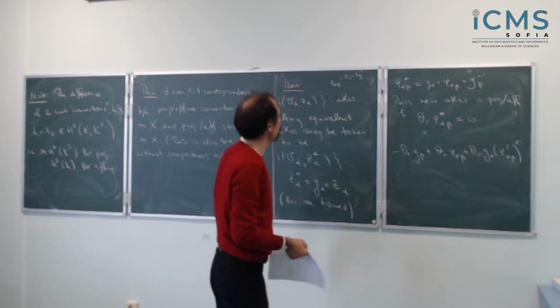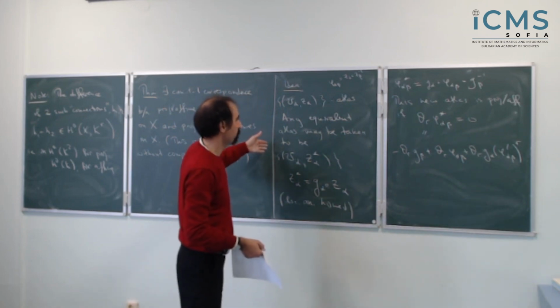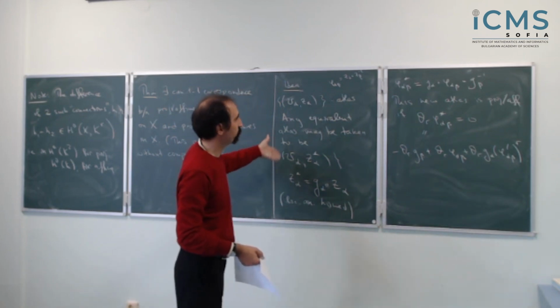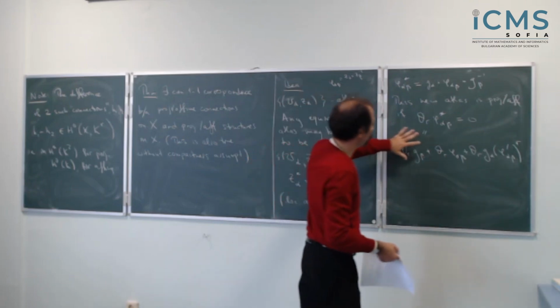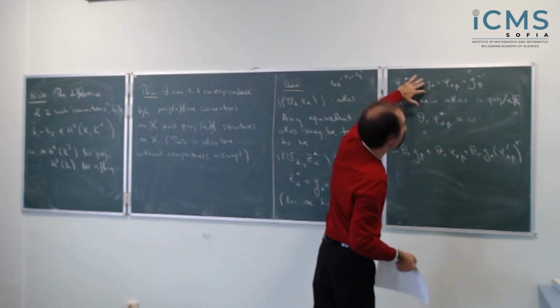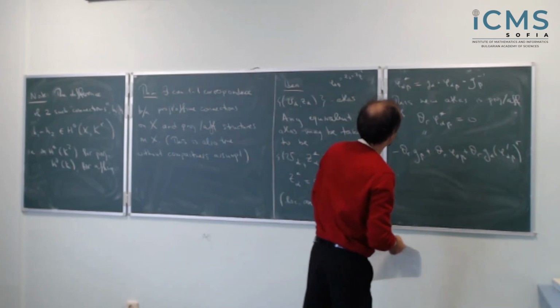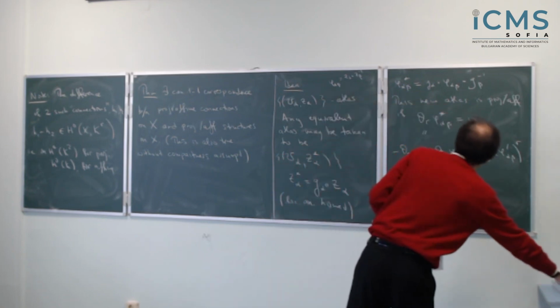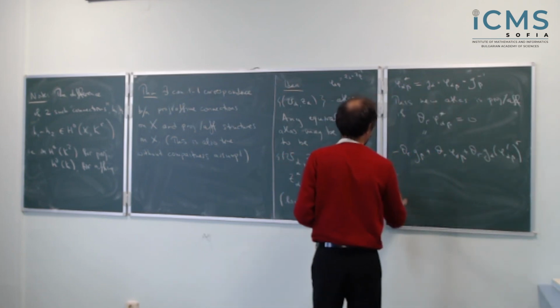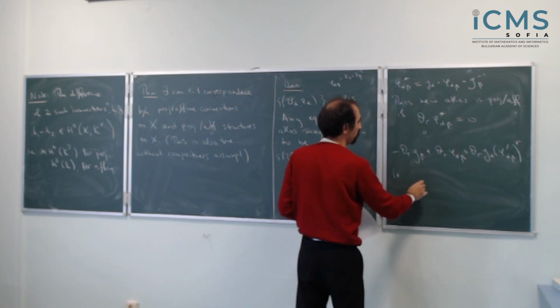So if I'm looking for an equivalent atlas where the functions are affine or projective, well, that's some condition on the G alphas. So let me just move one to one side.